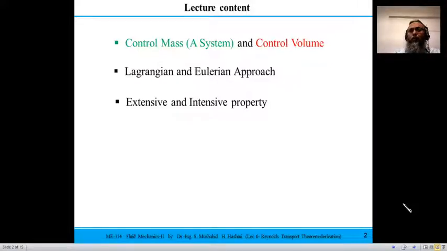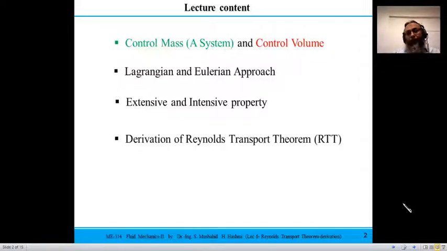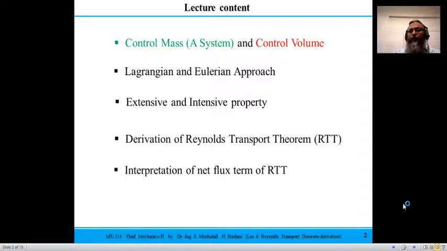You already know it from your first year thermodynamics course, but we will talk about it here in a more generic manner. And then we will go into the derivation of Reynolds transport theorem. And in the end, we will interpret the net flux term of Reynolds transport theorem, which is present in the right hand side of the Reynolds transport theorem.